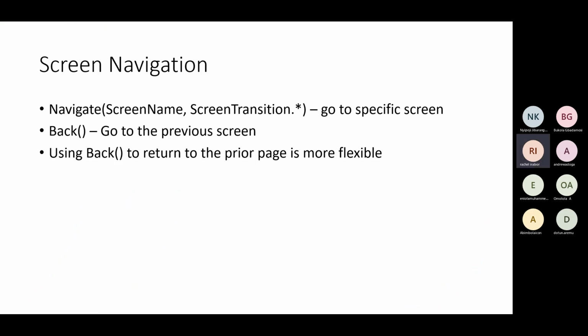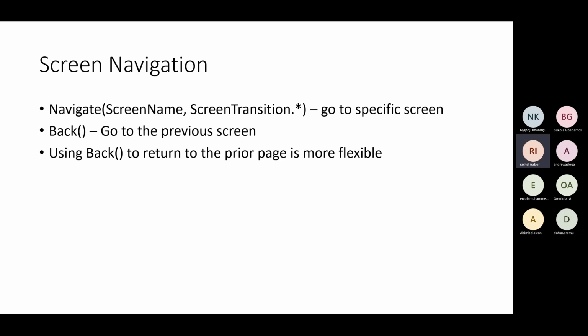So for screen navigation, for instance, I want to move from screen 1 to screen 2. Or let's say for example, I just opened my Facebook account and signed in. When I enter my data and click on sign in, it's supposed to take me to another screen.